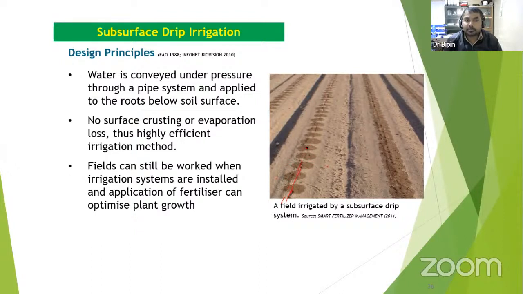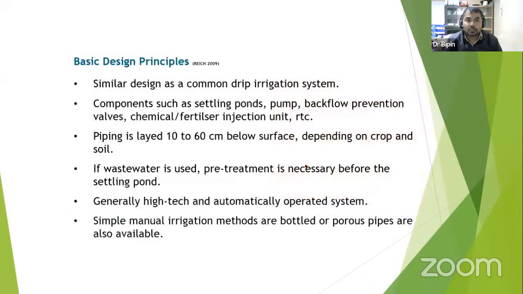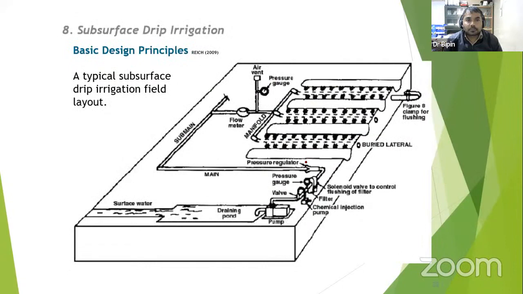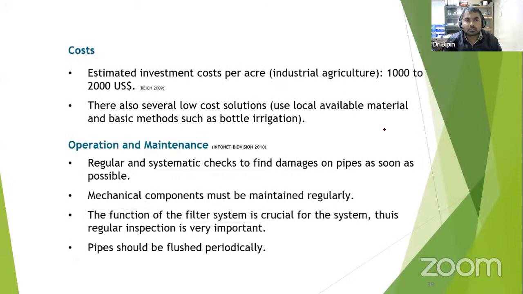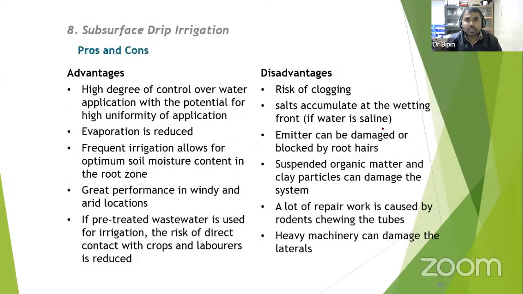This type of irrigation is known as subsurface irrigation, where we are not applying the water over the soil, we are applying the water within the soil. This is the design of the subsurface system. You can see here, we bury the pipes inside, buried laterals. This also has pros and cons.